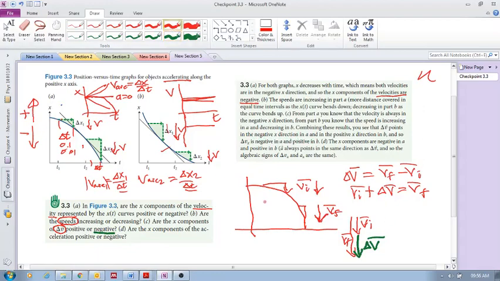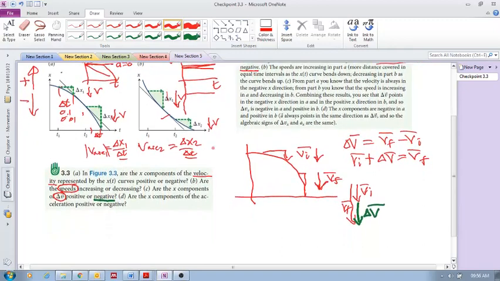Let's go back. Let's look over here for this one. We see that our initial v, there's my initial v. I'm now looking at this one. Remember, our velocity changes from this magnitude to that magnitude. So my initial velocity is larger.